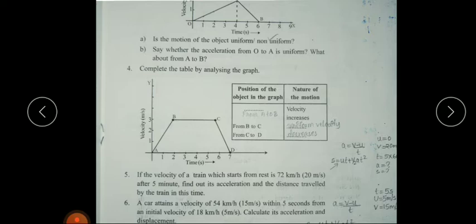So the initial velocity is 5 meter per second and the final velocity is 15 meter per second. Time t is equal to 5 seconds. We have to find the acceleration and displacement. Using the same formulas, you can find the acceleration and displacement.